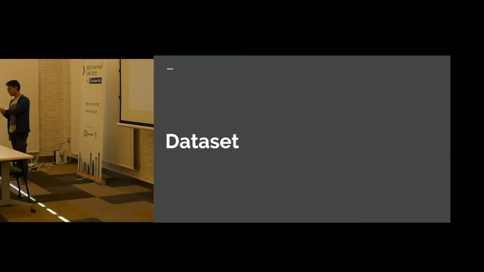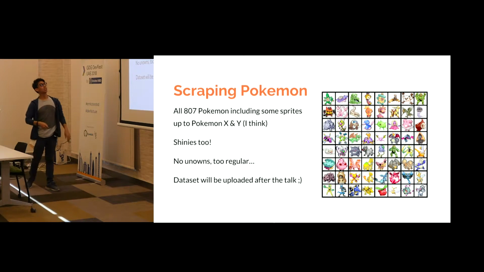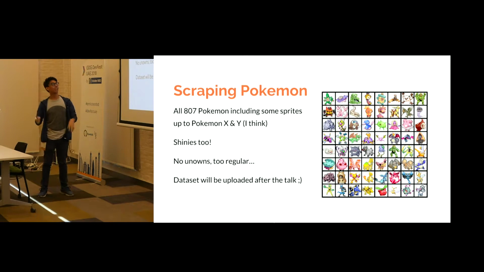So the data set. How are we going to come about getting a bunch of Pokemon? Well, we scraped them, right? So I went to some website and just pulled out a bunch of images of Pokemon. I trained it on that small set for a bit, on like the 807 official art or something like that, and it wasn't great.